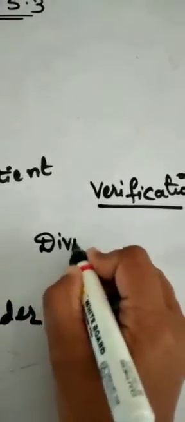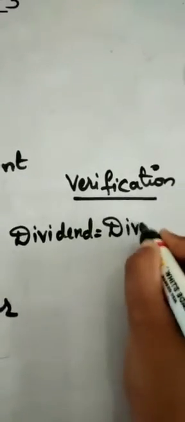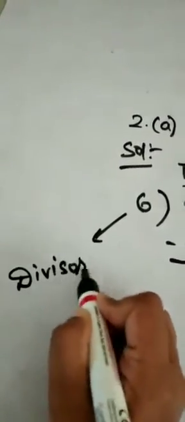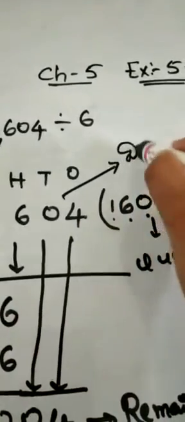Dividend equals divisor into quotient plus remainder. So this 6 is divisor, and this 9604 is dividend.